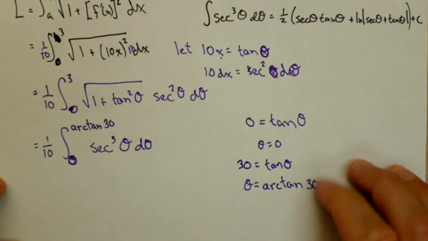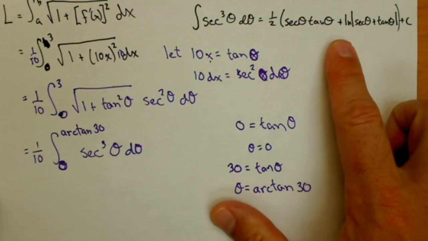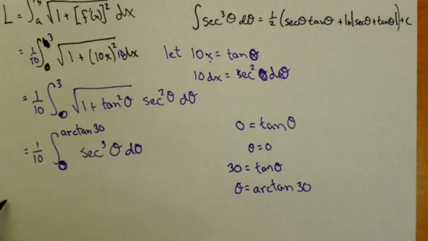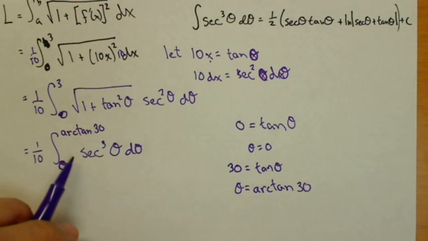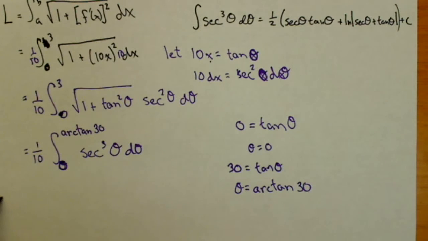Alright, now we're going to use our note from above to help us finish this thing off. This is done with integration by parts. Again, I do it in another video. It does take a little while, so I'm not going to do it here. So we have 1/10, 0 up to the arctan of 30, so we don't mess with decimals for right now. Except we don't need that anymore, do we?